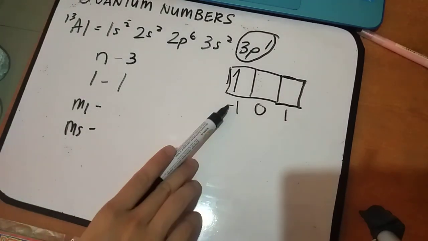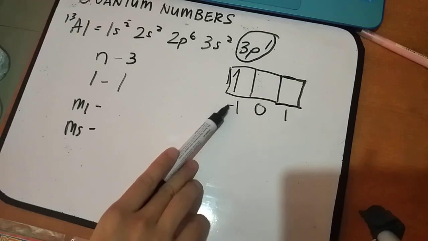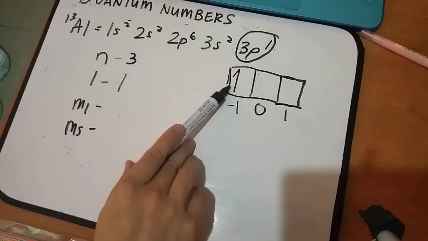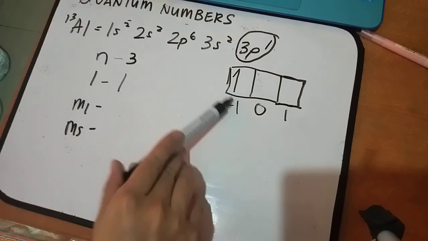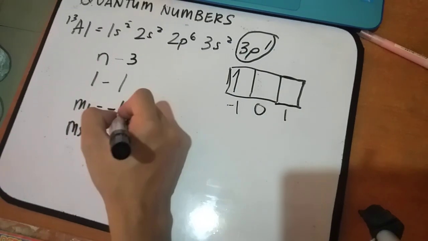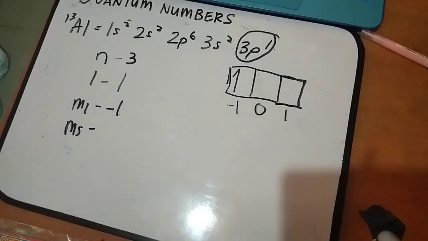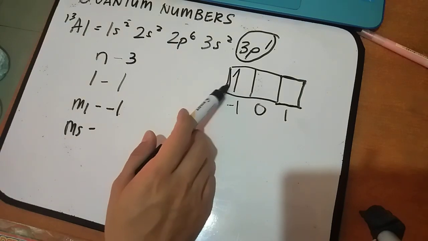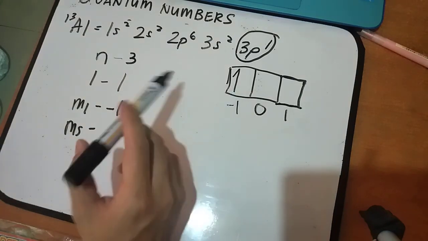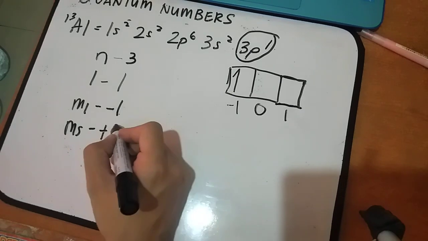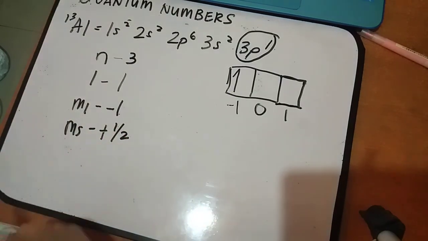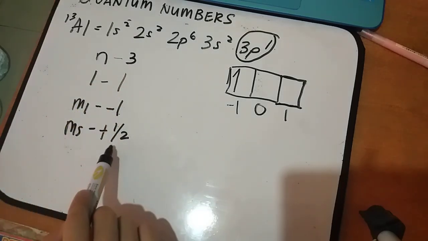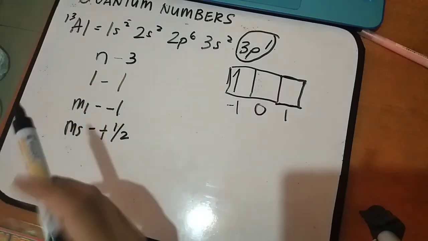ML, we would refer to the box. So, isang electron lang ang meron. So, 3p, 1. So, saan siya nag-end? Negative 1. Okay? And then, yung ms, is it arrow up or arrow down? So, practically, it's an arrow up. So, which means it has a positive 1/2 spin. So, your set of quantum numbers would be 3, 1, -1, plus 1/2. So, malalaman natin kung ano na.